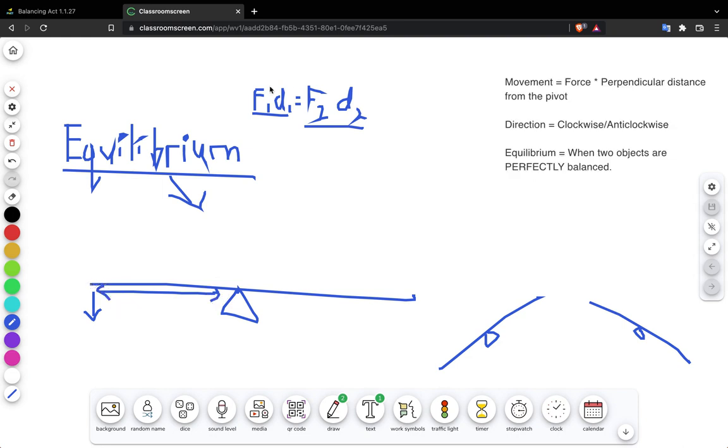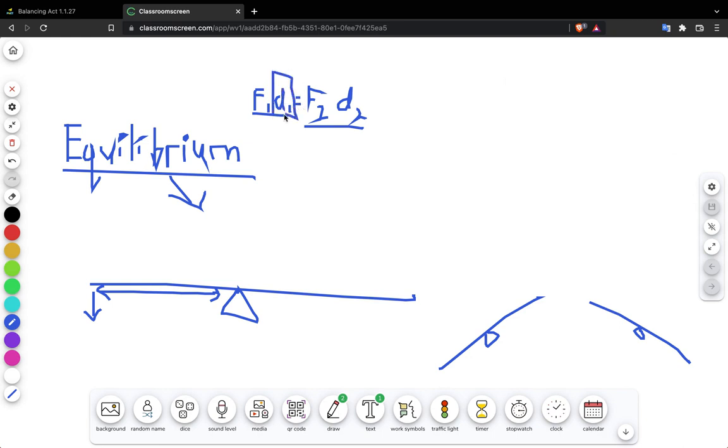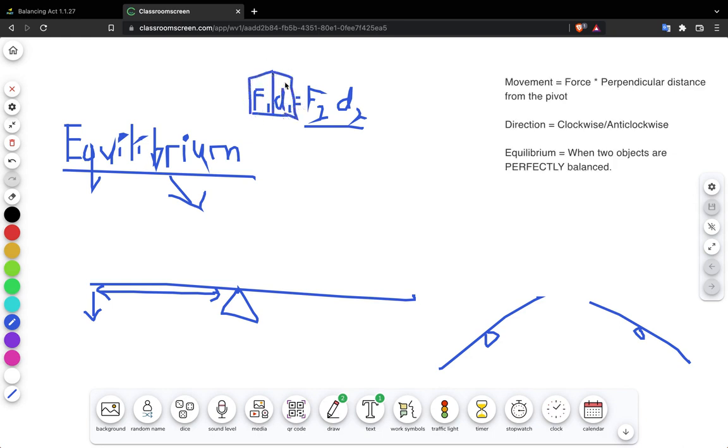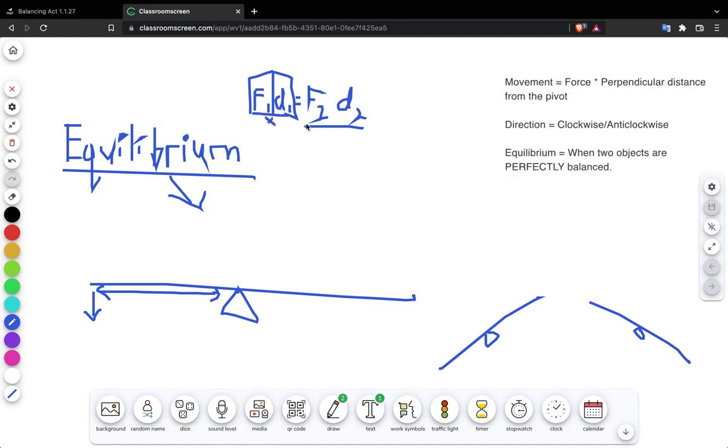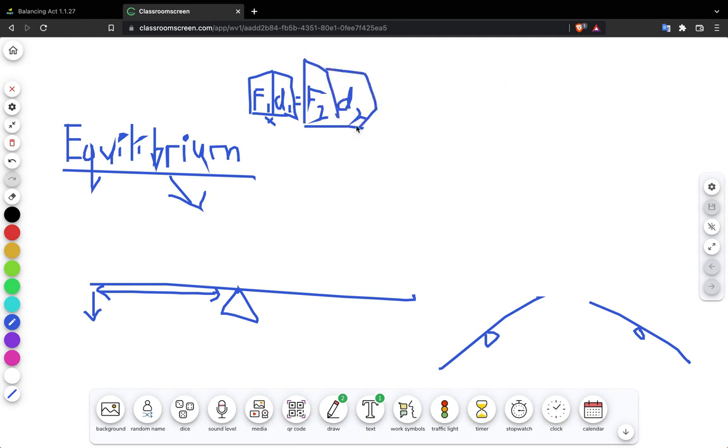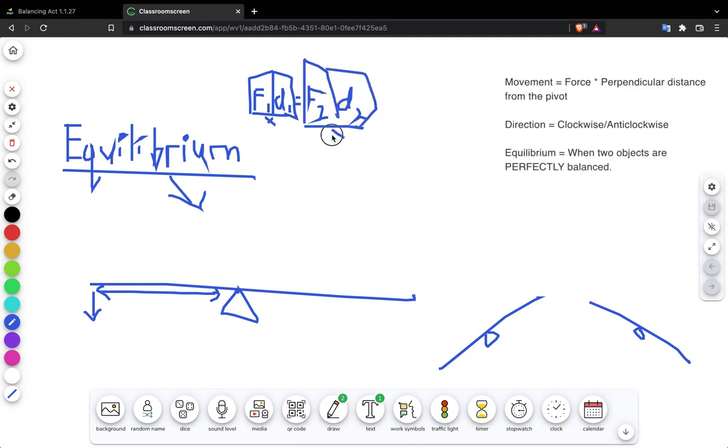Now you multiply them, because in basic algebra, if you don't write anything between them, that means it is multiplied. Same for this, F2 D2, multiplied.